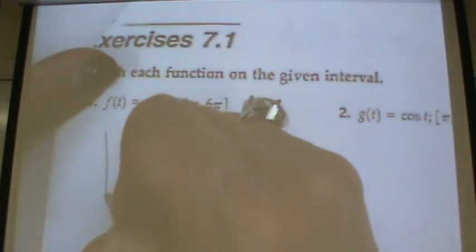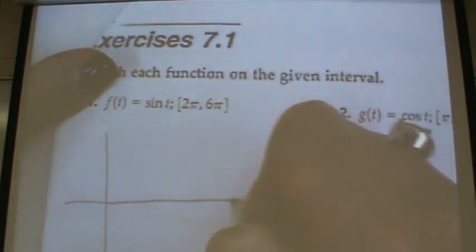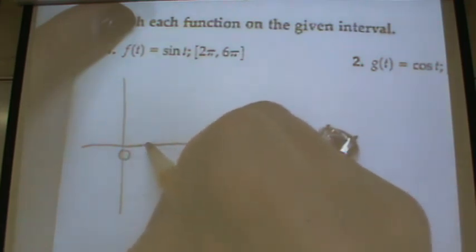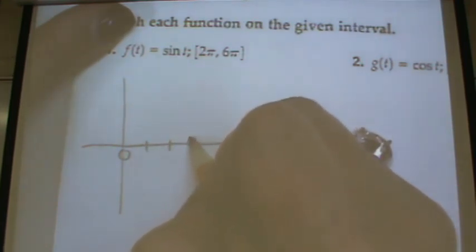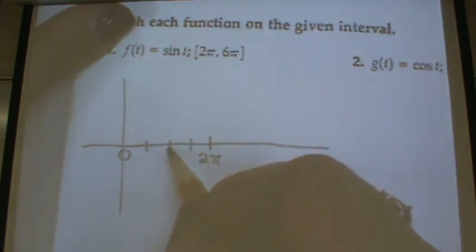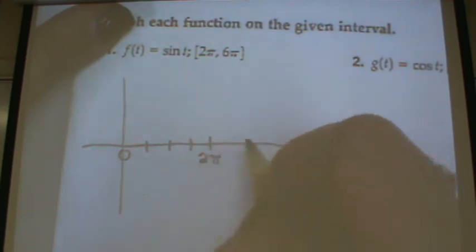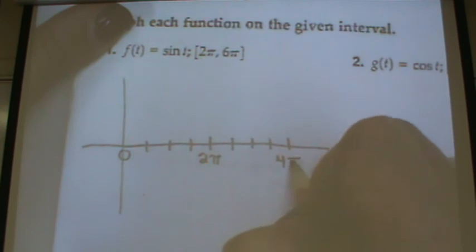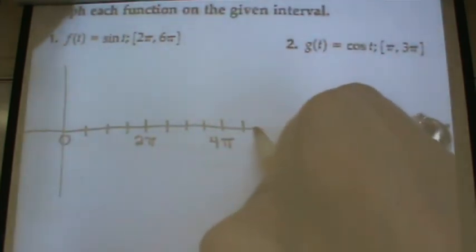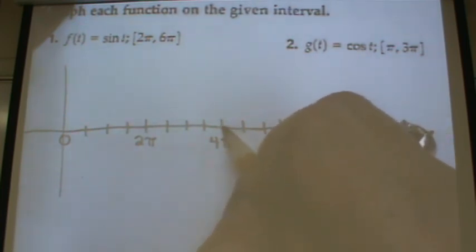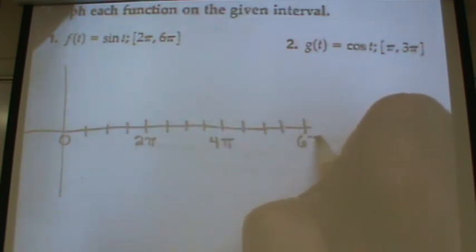So what you may want to do is draw your picture, and this is 0, and then do 1, 2, 3, 4, that's 2 pi. So that's pi over 2, pi, 3 pi over 2, 2 pi. And then do 1, 2, 3, 4, that's going to be 4 pi. Then 1, 2, 3, 4, and that's going to be 6 pi.